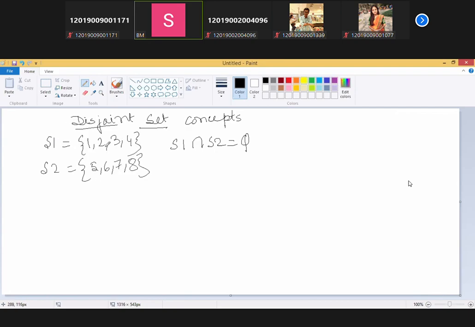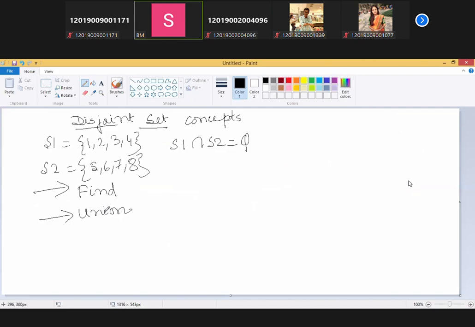Now, with this disjoint set concept and two other operations, which are called find and union, we can identify whether a graph contains any kind of cycle or not.